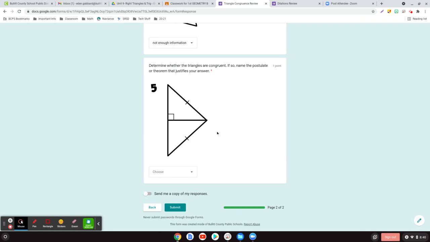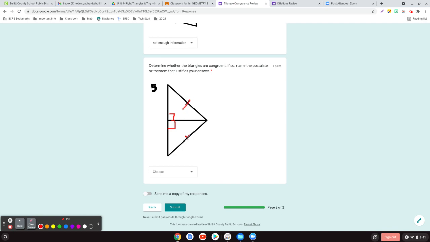All right, let's look at number 5. So number 5, we know that we have a right angle going on here. We have this little box right here in the corner that tells us that this is a right angle. And if this is a right angle, guess what? This is going to be a right angle here on both sides. So we know that each one of these triangles has a right angle.